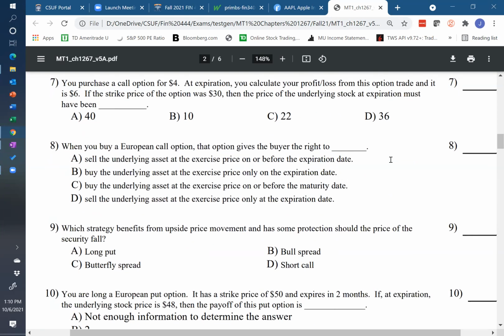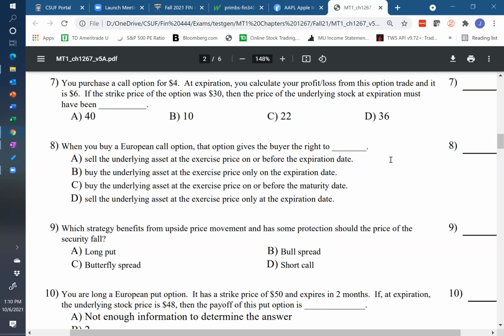You purchase a call option for $4. At expiration, you calculate your profit or loss from this option trade, and it's $6. If the strike price of the option was $30, then the price of the underlying stock at expiration must have been what? So this one we've got to back out a couple of things. You paid $4. Your profit from this option trade is $6.